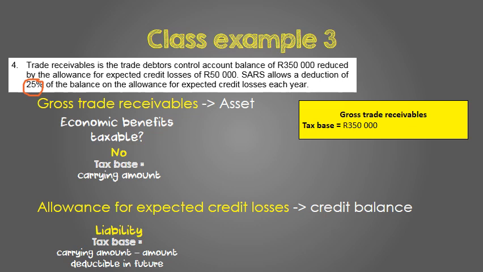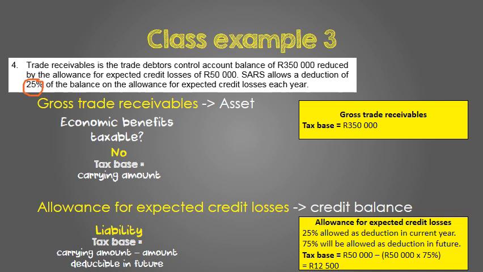That means the remaining 75% will be a deduction in the future. So to determine the tax base, we have to take the carrying amount of 50,000 less the deductions that we will receive in future, the 75%. And that gives us the tax base for the allowance for expected credit losses.